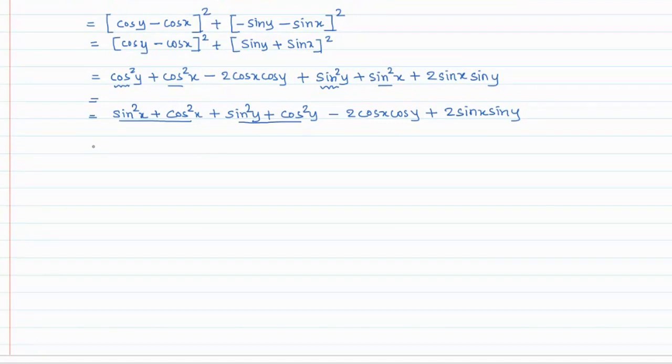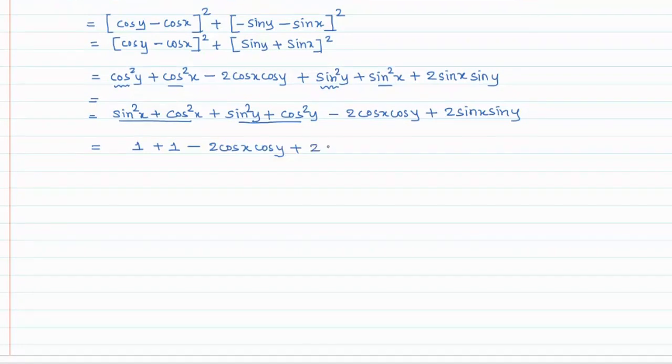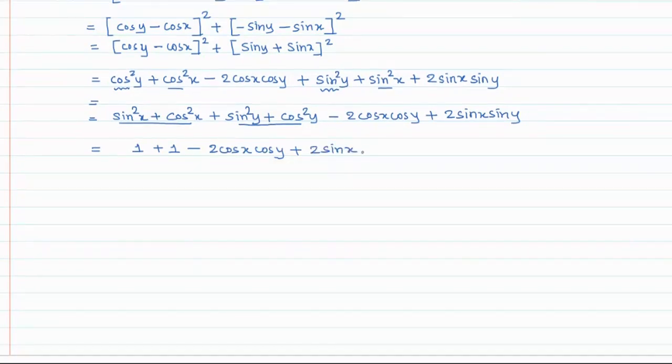So you'll have 1 plus 1 minus 2 cos x into cos y plus 2 sin x into sin y.